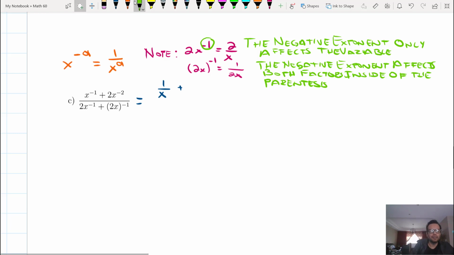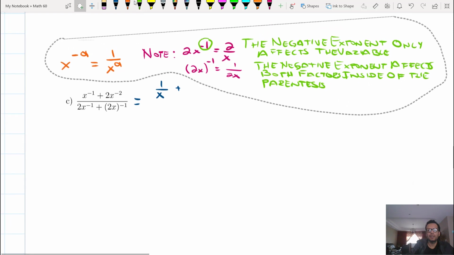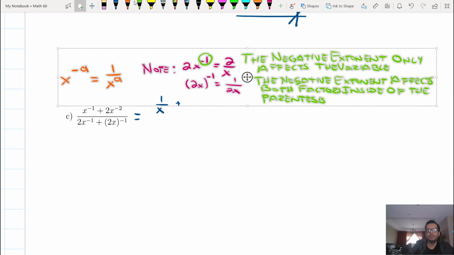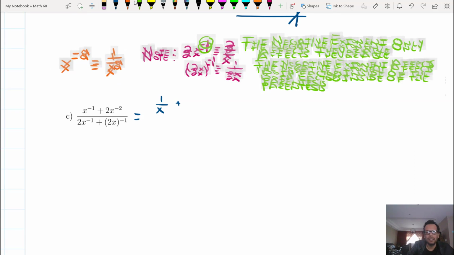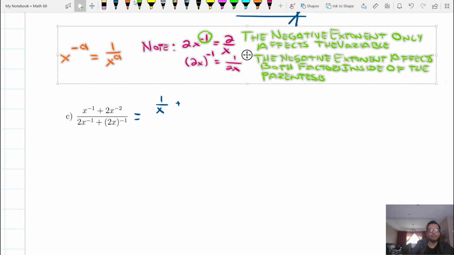All right. Okay, let me make some space here. Let me just move this a little bit higher so I have enough space to simplify the example.